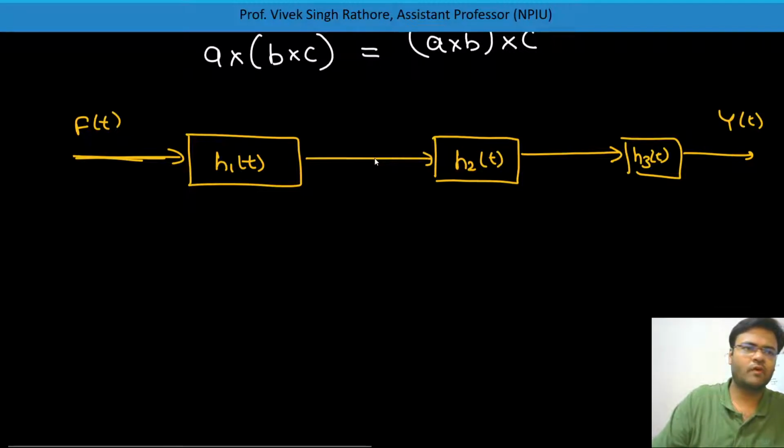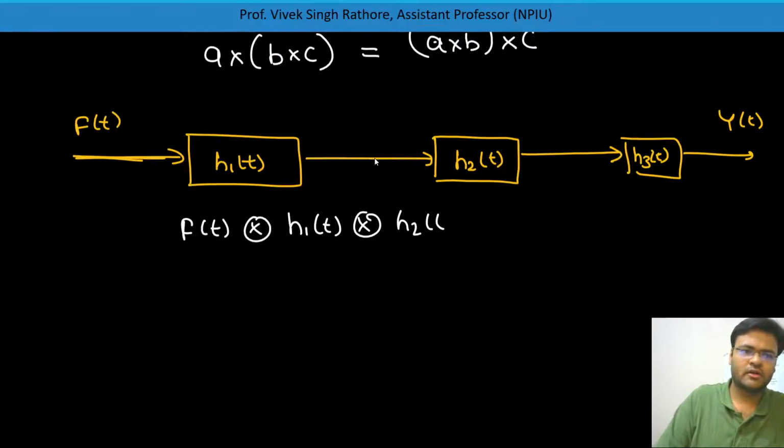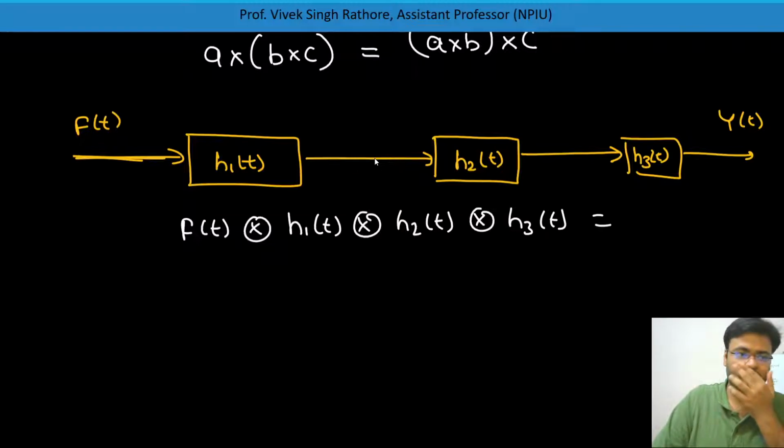So here f(t) is convolved with h1(t), then with h2(t), then with h3(t), and you get output y(t).